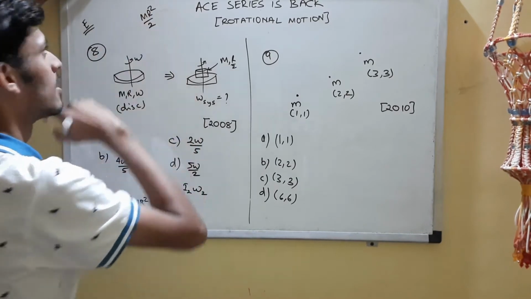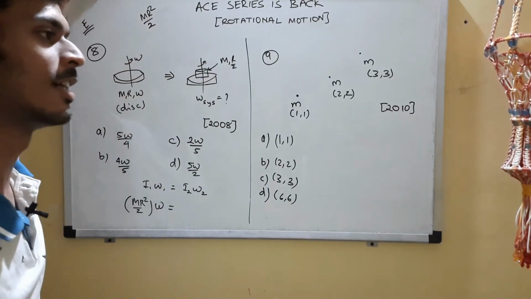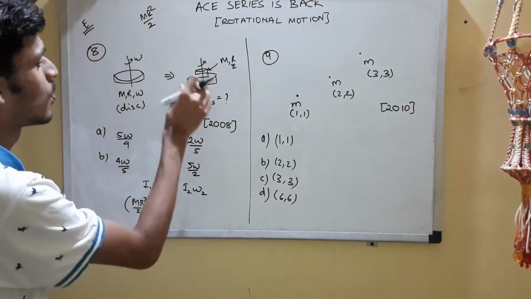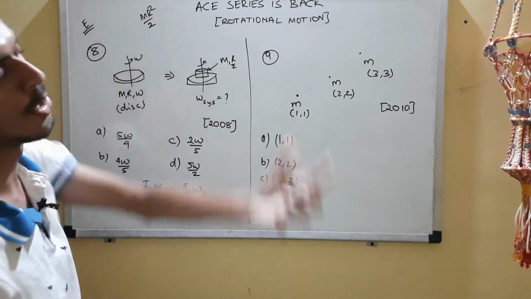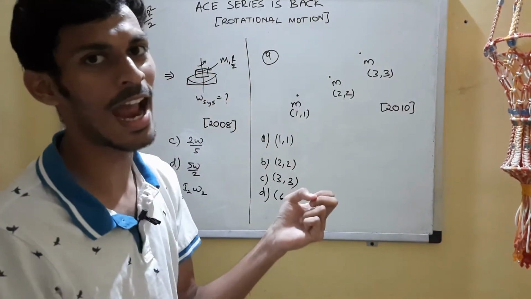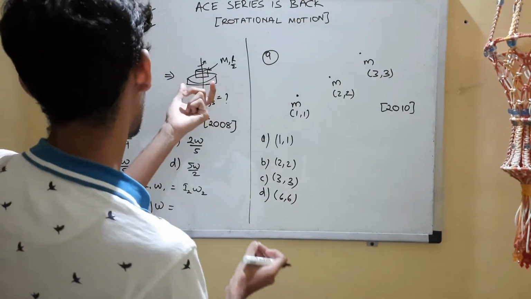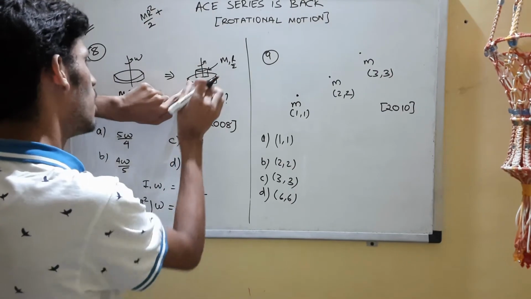Moment of inertia is a tensor, but considering it a scalar would do for now. So mr square plus the moment of inertia of this. It does not have any direction as of now, so you can just add their magnitudes: the moment of inertia due to this disk plus that due to this one.